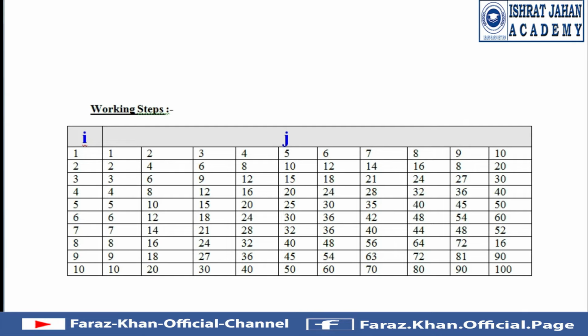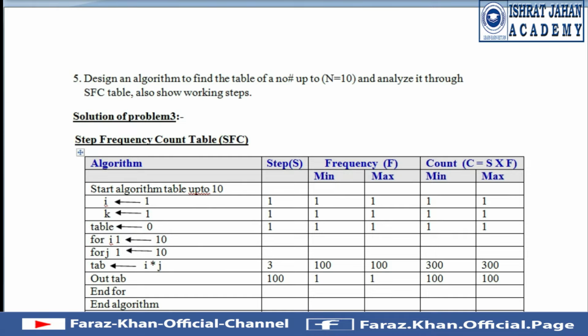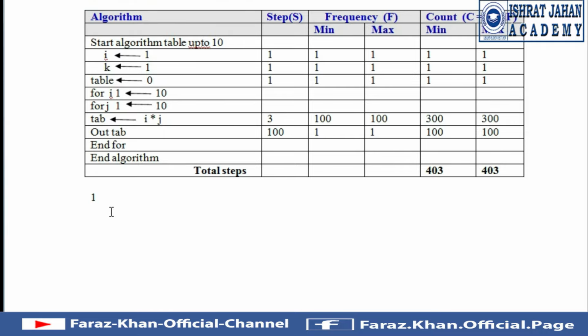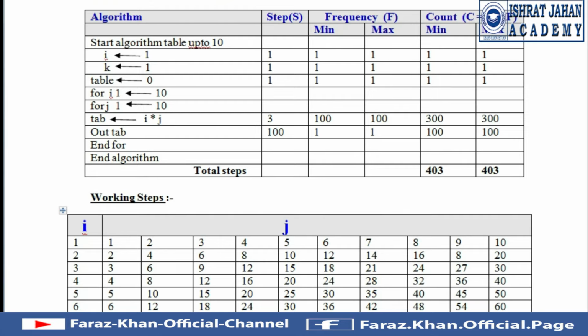How computations are done in memory. I is 1. When I reaches loop j, the value of I is 1 and the value of j starts with 1. So I multiply by j: the value of I is 1, the value of j is 1, 1 multiplied by 1, 1.